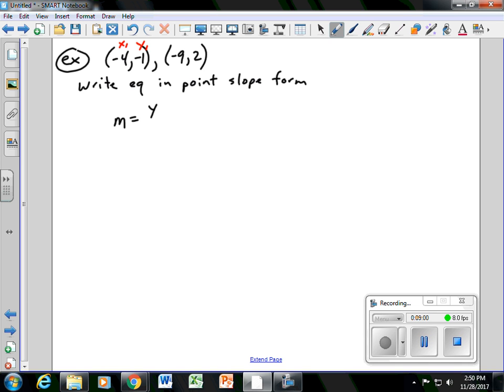Well, let's use our slope formula to find the slope. So y sub 2 is 2, y sub 1 is negative 1, 2 minus negative 1. X sub 2 is negative 9. X sub 1 is negative 4. So I've got 2 minus negative 1 is 3, over negative 9 plus 4, which would be negative 5. So my slope is negative 3/5.